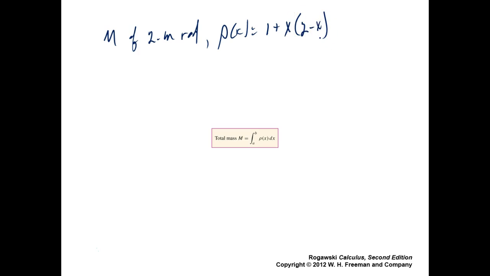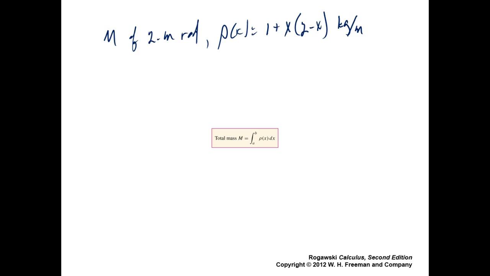Okay. And this will be kilograms per meter. They gave you the length of the rod in meters, so this linear mass density is in kilograms per meter. Mass per unit length. Okay. Where x is the distance from one end of the rod to the other.